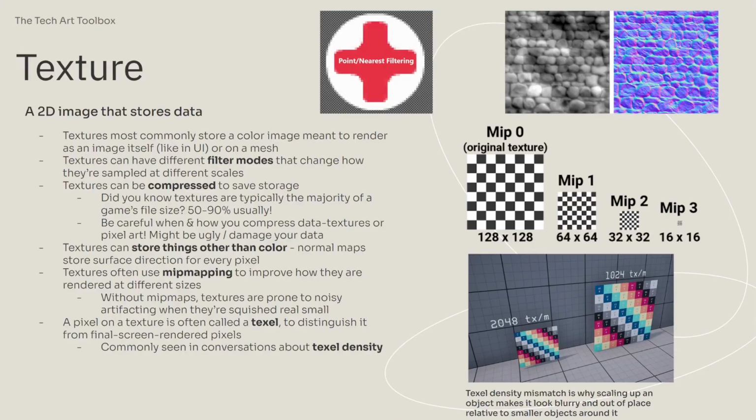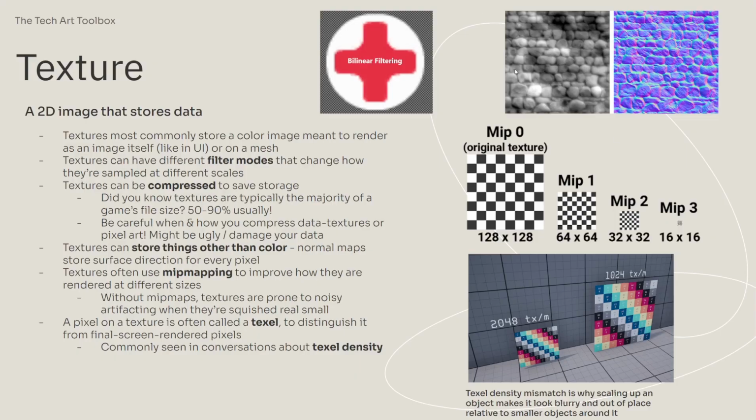In reality, the actual mesh might be a plane, like you see here, rendered on just two triangles. But we're using the X, Y, and Z channels to store what direction a pixel is pointing in to allow lighting to interact with that surface. So that's one way in which you can mess with the data you have available.